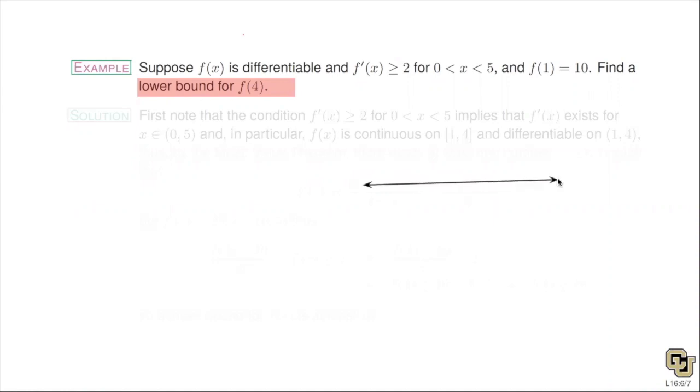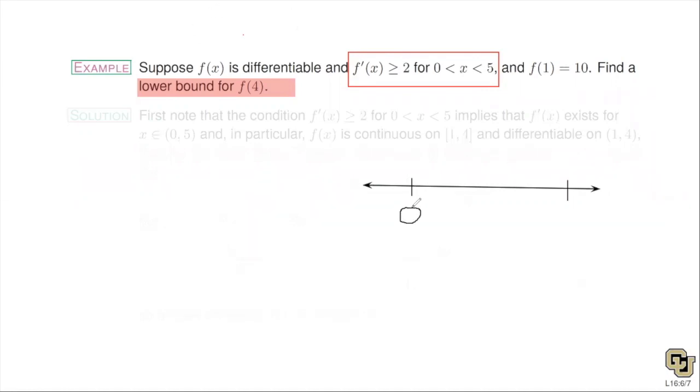So here's an x-axis, and I specifically want to look at this piece of information, that f prime of x is greater than or equal to 2 for x between 0 and 5. So let me mark 0 and 5. So here's 0, and here's 5.